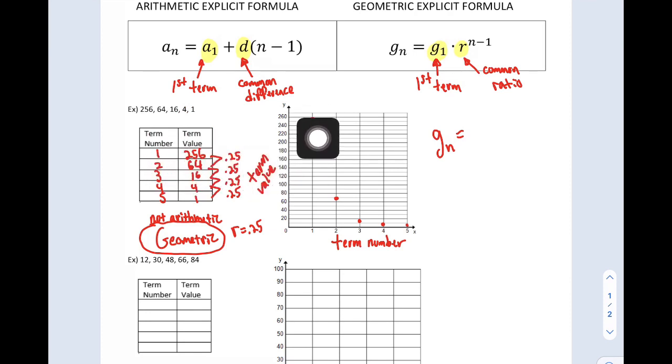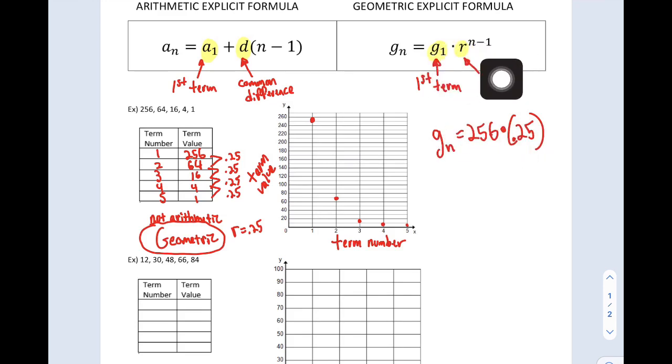Well, that was 256. So I'm going to plug in a 256 right there times r, the common ratio. What was the common ratio? Oh, we found that was 0.25. And then to the n minus 1 power.